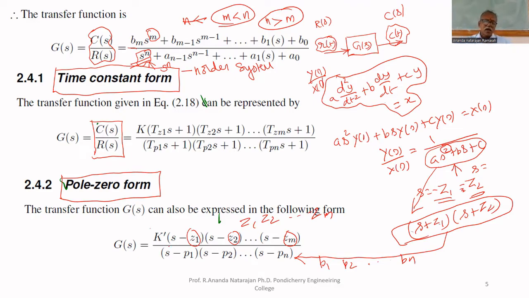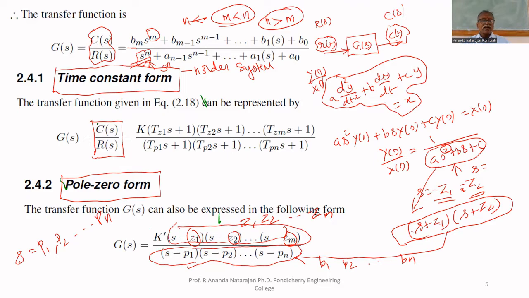Here you are getting the roots S equal to P1, P2, etc., Pn. Therefore, the denominator can be factorized like this. Similarly, numerator polynomial also can be factorized like this. S minus Z1, S minus Z2, etc., S minus Zm.